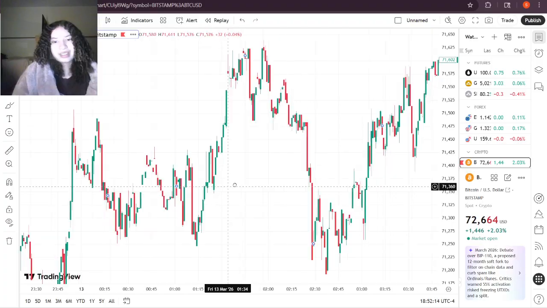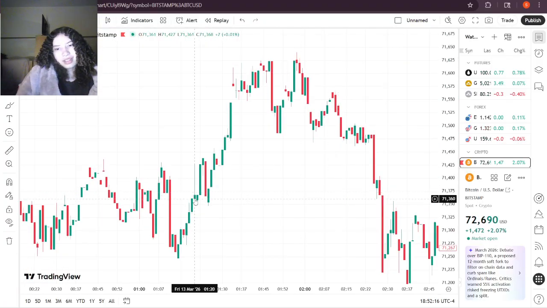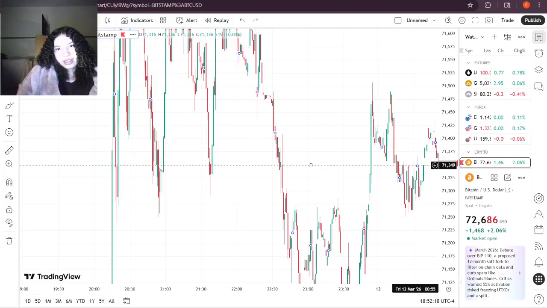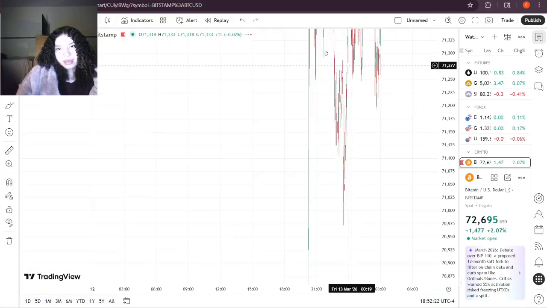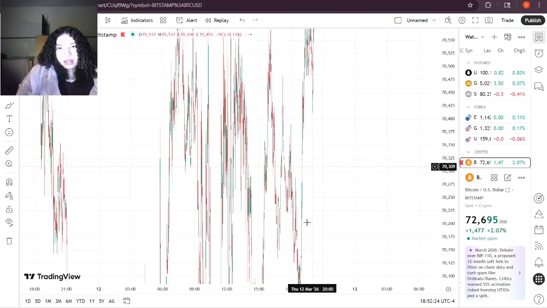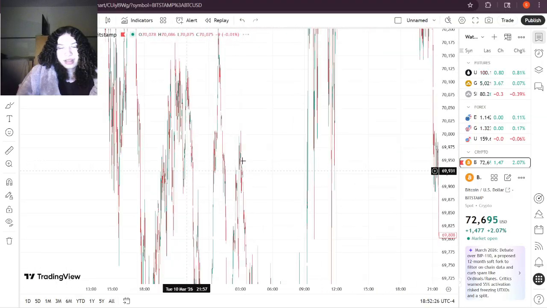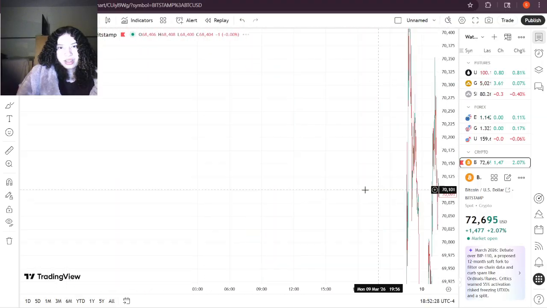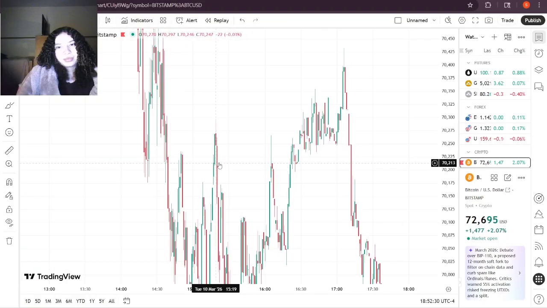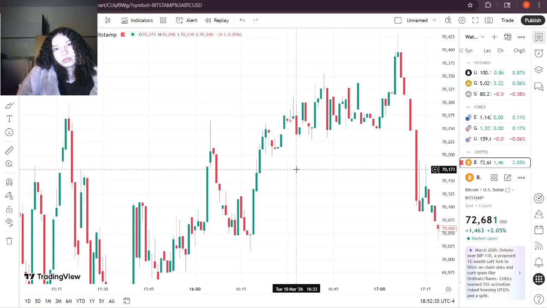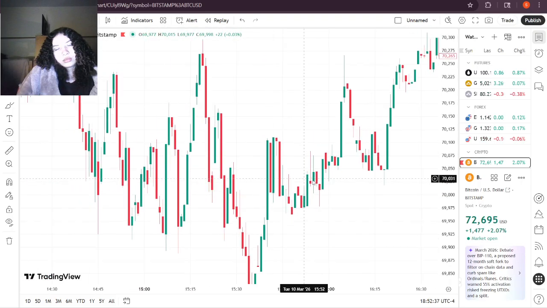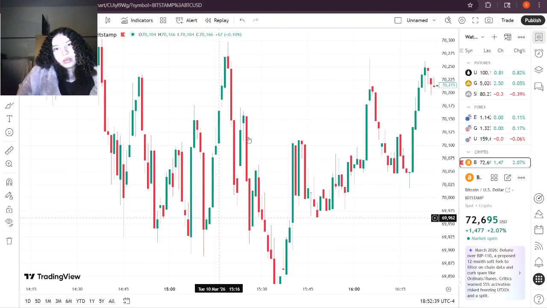Gonna have to accept defeat on this one. I have no idea. I don't like this pattern. My goodness, these spikes are horrible. Whoa.